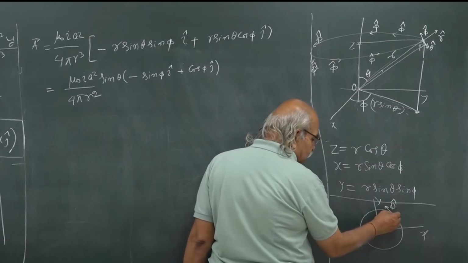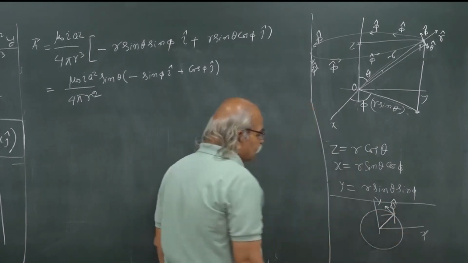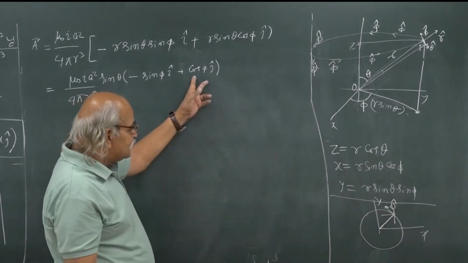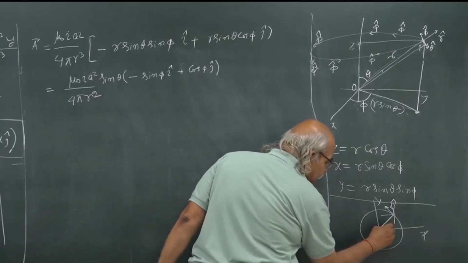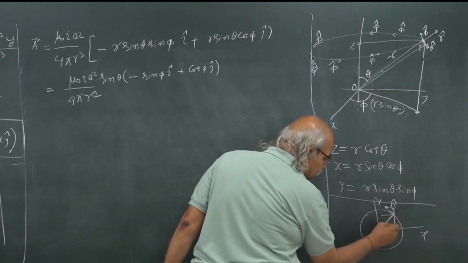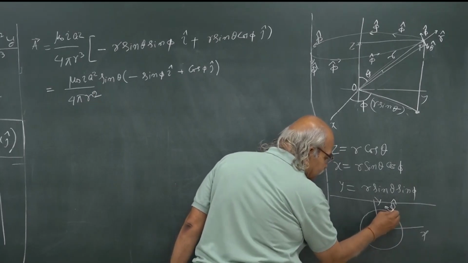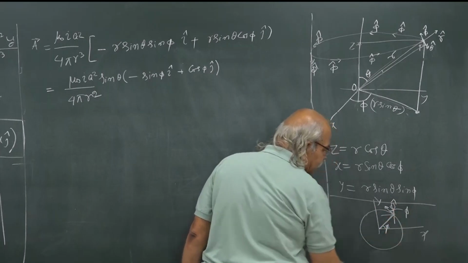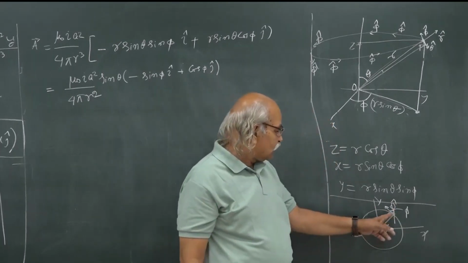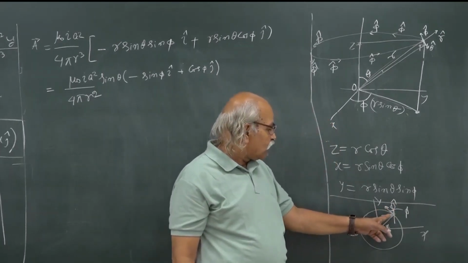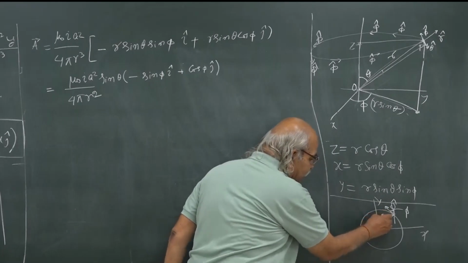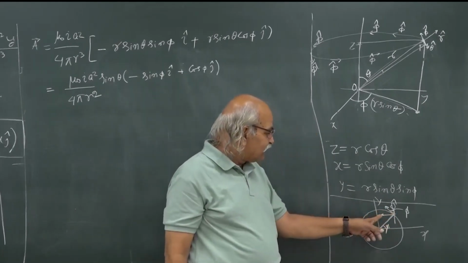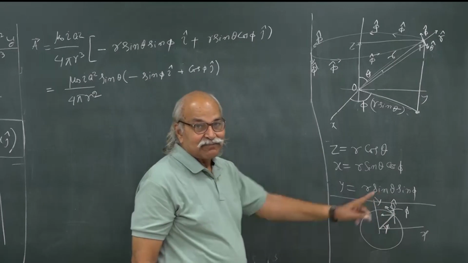If you work out what is this cos phi j cap? Remember, this is phi, perpendicular to this and perpendicular to this. So this angle here is phi. So we can work out cos phi j cap, and the other component is minus sin phi i cap, that is phi cap.